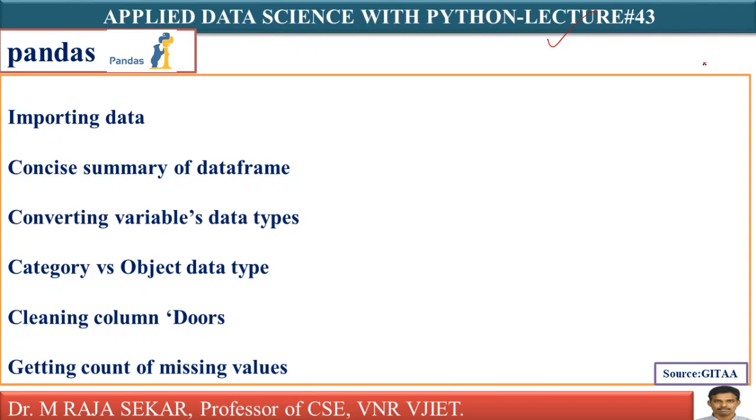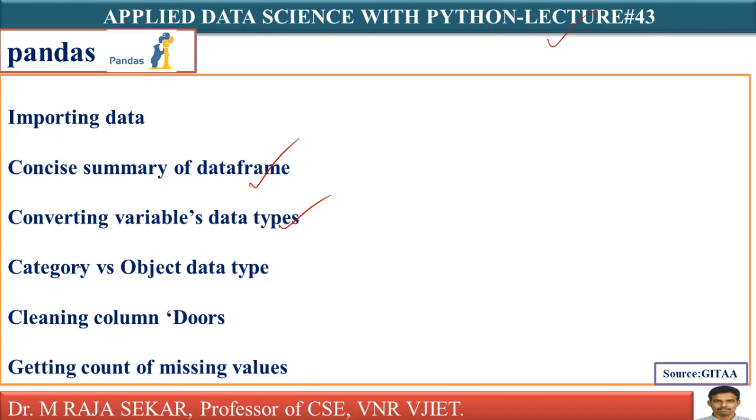Again, we will see a concise summary of our data frame. After that, we will convert the variable data types because in the previous lecture, we encountered that some variables are not of the expected data type. So, in this lecture, we will convert variables to the expected data type.